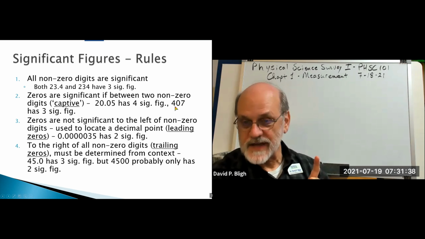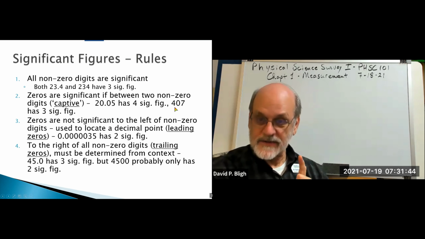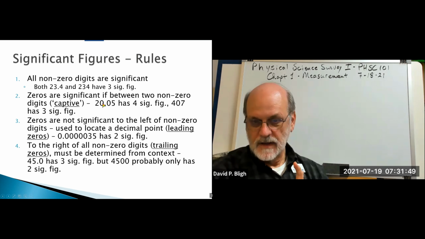You would have 47. Okay? So that 0 is significant because it's captive. Both of these zeros are significant because they're both between 2 non-zero numbers. So this one has 4 significant figures.